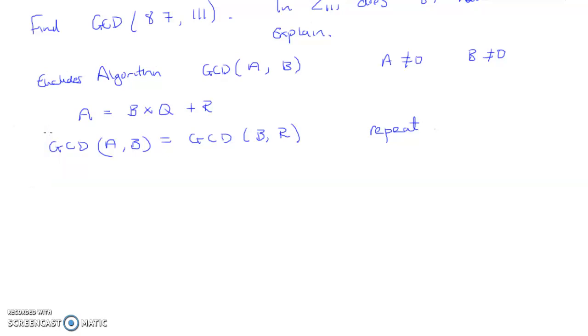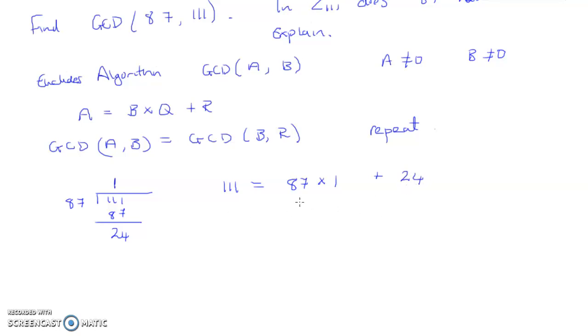So now we're going to find the greatest common divisor of 87 and 111. You say, well, how many times does 87 go into 111? It goes in once, with a remainder of 24. So I can say that 111 is equal to 87 multiplied by 1 plus 24.